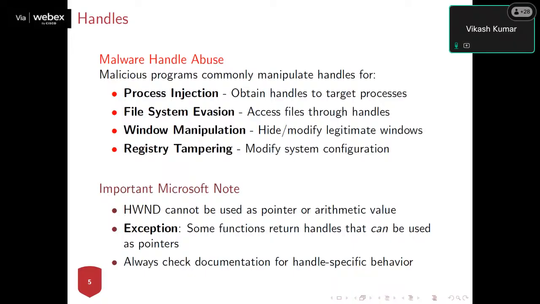Whenever the ransomware is encrypting your data, your antivirus might fail to delete that ransomware or will not be able to prevent it. That is because in file system evasion, the malware creates a handle, and those handles remain open until the encryption is done.